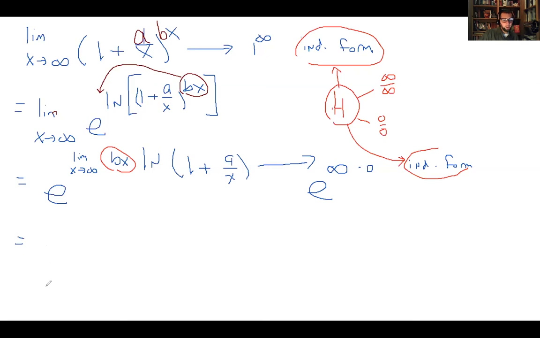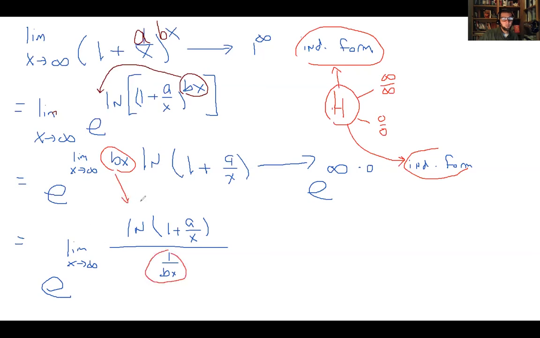So this will be equal to, now we need tall things. So e to the limit, x goes to infinity, of the ln of 1 plus a over x, over 1 over bx. So notice the numerator is now going to 0.